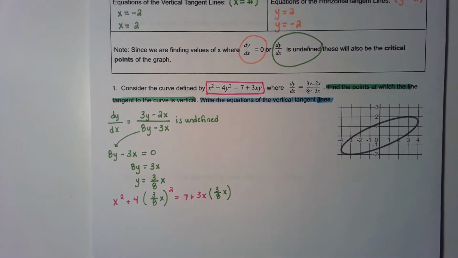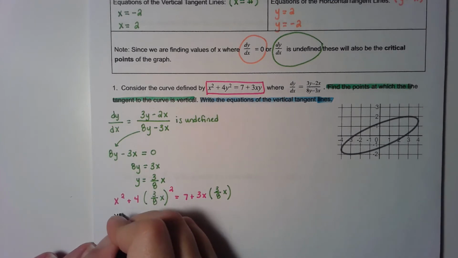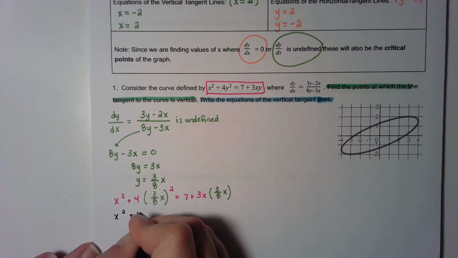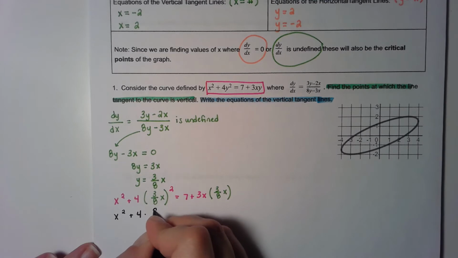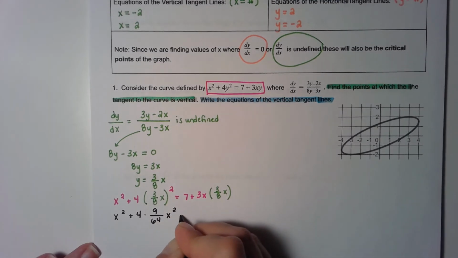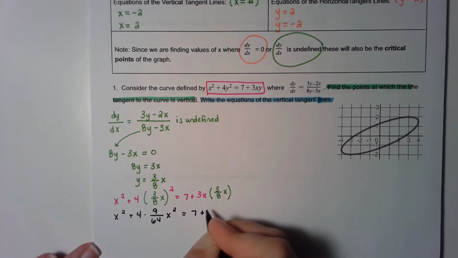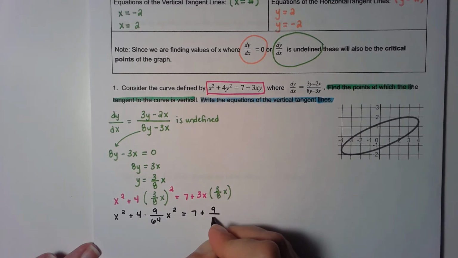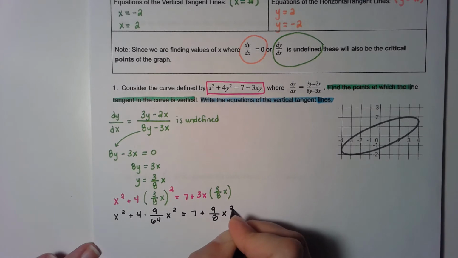Now I'm going to simplify, so that means that I'm going to get x squared plus 4 times 3 squared is 9, 8 squared is 64, x squared equals 7 plus 3 times 3 is 9 over 8, x squared.